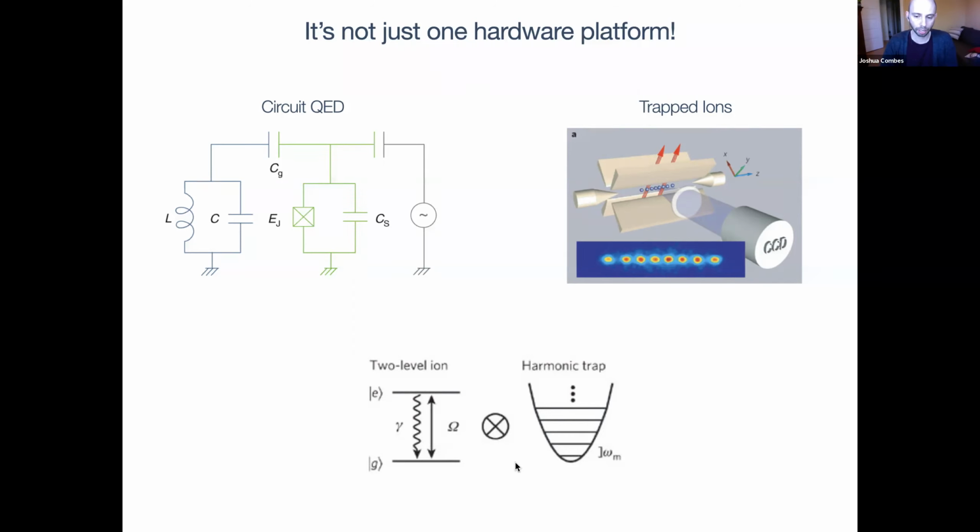In these bosonic codes, the role of these two systems is reversed. You are now using your harmonic oscillator to store your quantum information, and then you're using your 2-level atom typically to manipulate your information. So in circuit QED, it looks something like this. You would have an LC oscillator, and this is your harmonic oscillator. And then you have a nonlinear inductor with a capacitor.